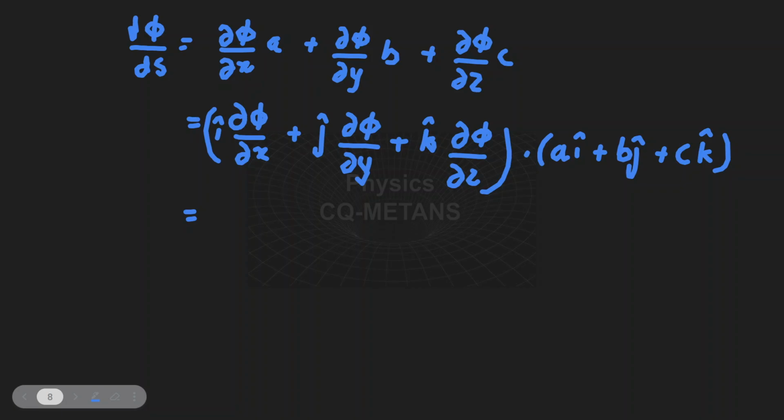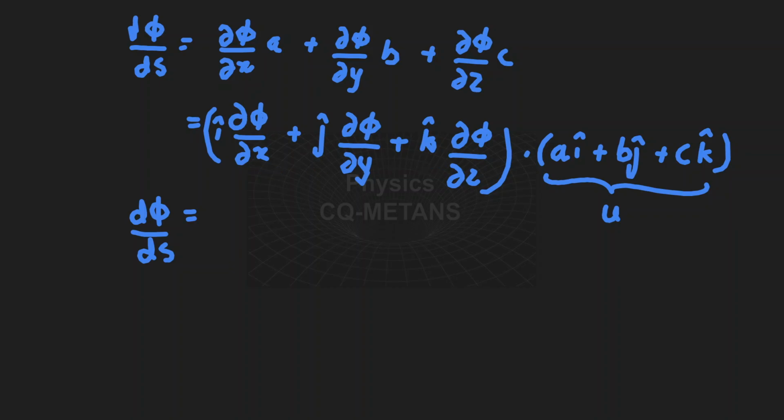Now if we notice, this vector is nothing but our unit vector u. So the directional derivative d phi by ds is written as del phi dotted with u, where this del is an operator.